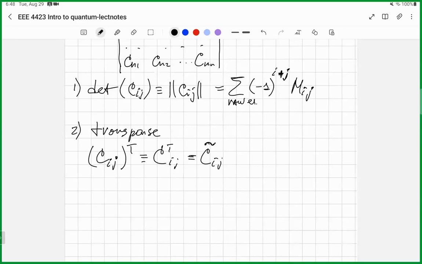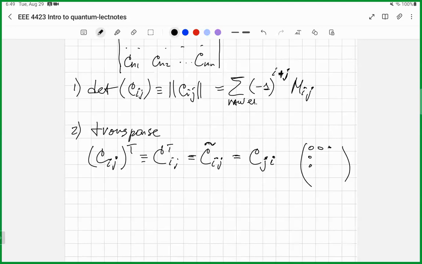So it's basically the same thing: C_ji. So I swap the indices. First it was ij, now it's ji. So basically I took my matrix and rotated it.